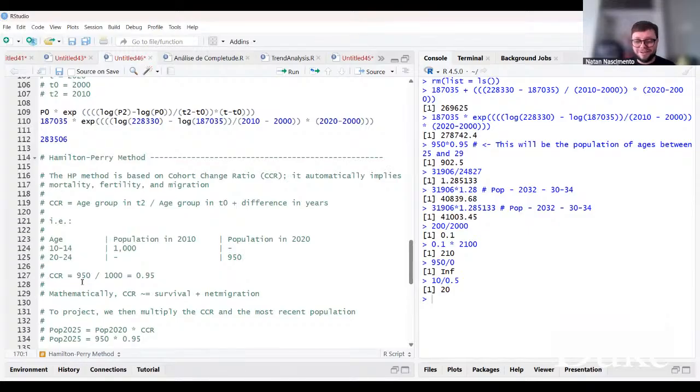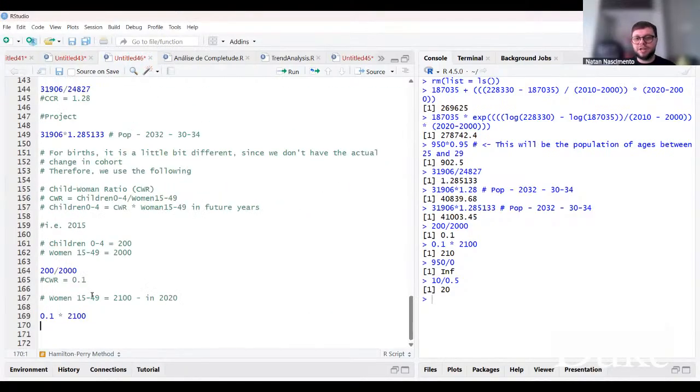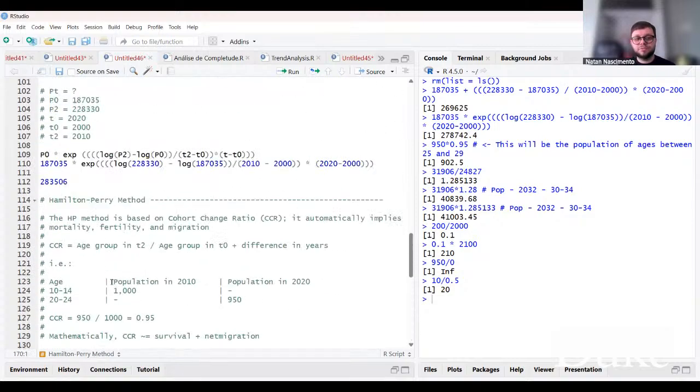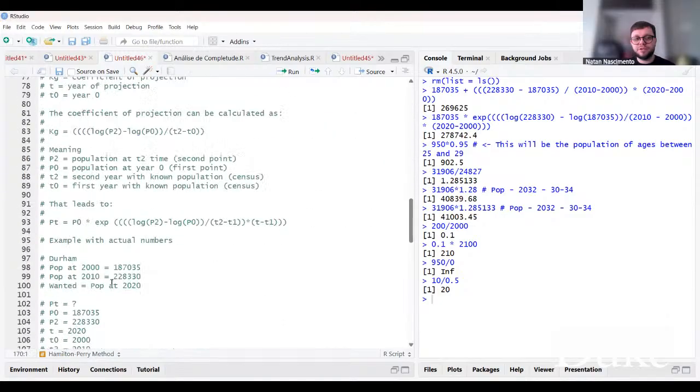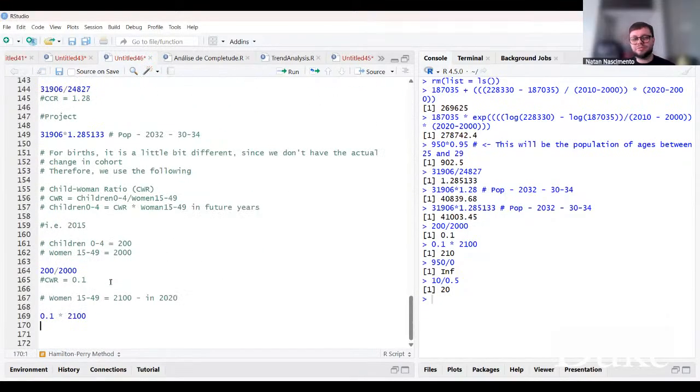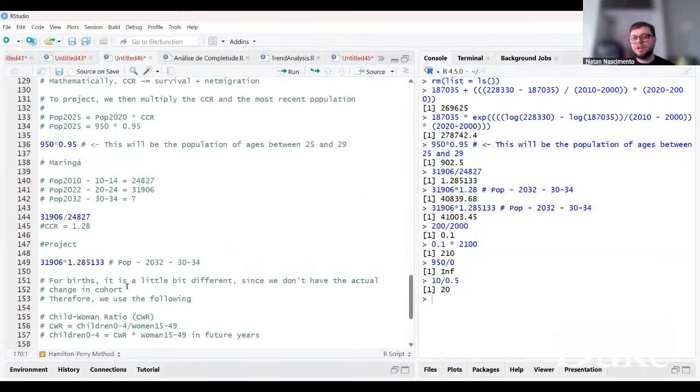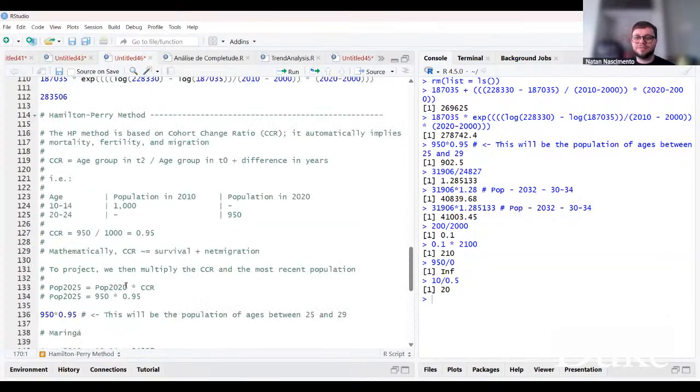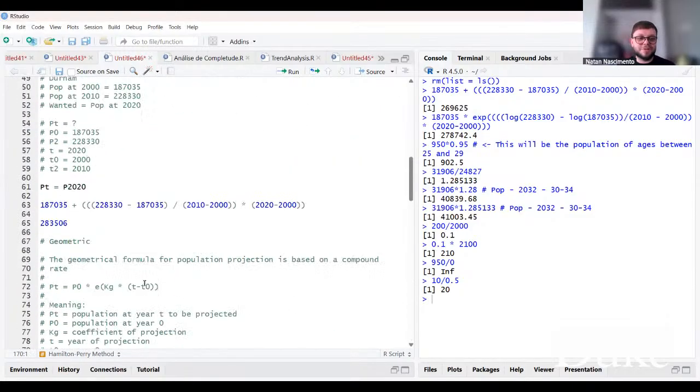So my idea now is to use this Hamilton-Perry method and project stratified by gender, age, and race color in Brazil by municipality for the next 12 years, from 2010 to 2032. And then put it in, I don't know, like a toolbox so people can use it. So that's why I wanted to show this.